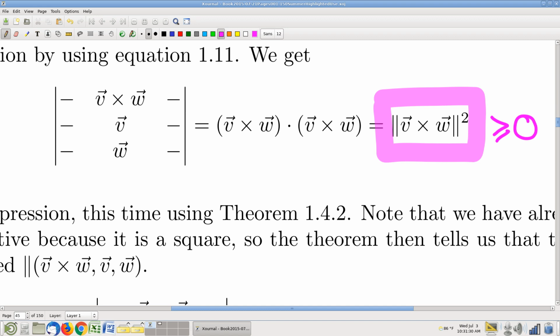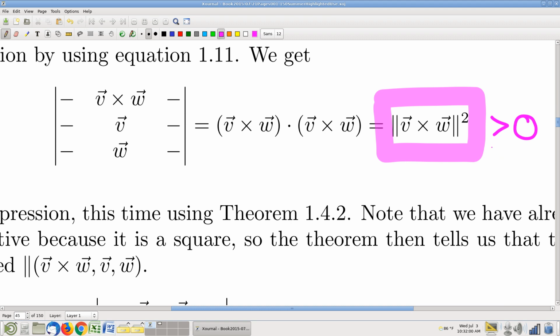If it were zero, I'll point out that we actually don't care, because think about the scenario where this magnitude is zero. That means the magnitude of the cross product is zero, so the cross product is the zero vector. I don't need to decide which of two ways the zero vector points. The zero vector doesn't point at all. So as far as we care, we can consider just the case of this being positive.